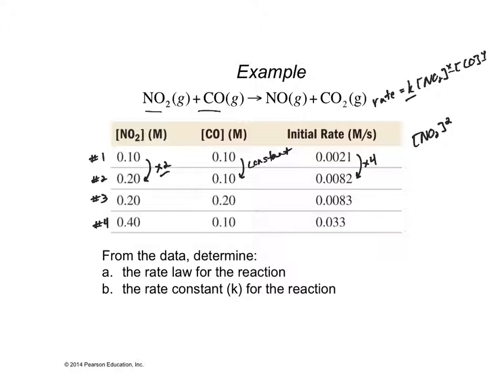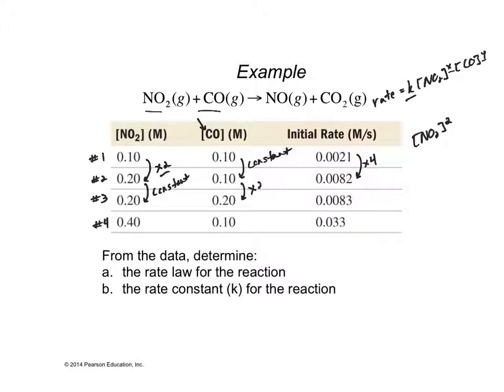Now, if I want to figure out the order with respect to CO, I need to find 2 experiments where I double its concentration, or I do something to its concentration while I hold the concentration of NO2 constant. So what are those 2 experiments? 2 and 3. Right, so if I look at 2 and 3, I have a constant NO2, so we've taken out any influence it's going to have on changing the rate. So this guy's constant. And for CO, I've doubled the concentration, right?